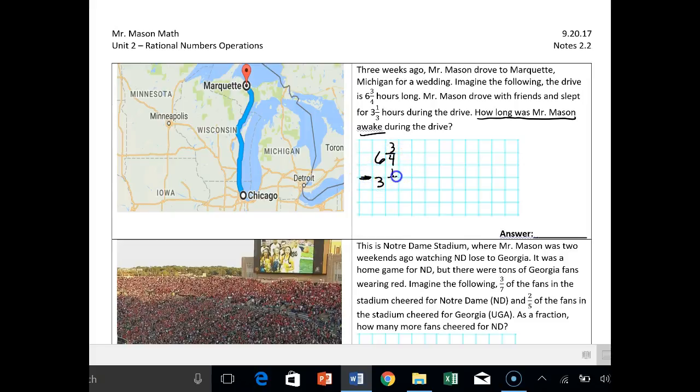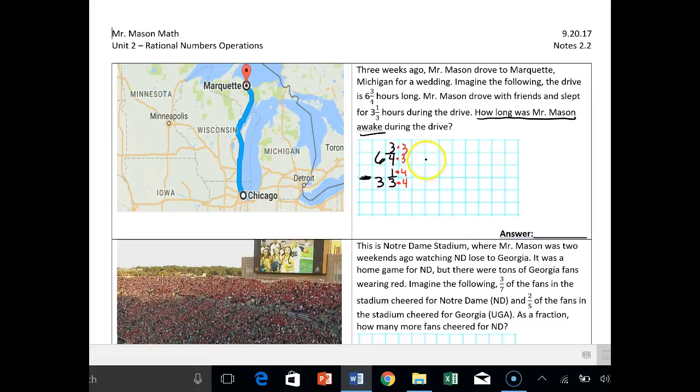All right, so obviously we cannot do this problem just yet because we have unlike denominators. If you put your finger on the 3, your finger on the 4 on your reference sheet and go across, you'll see that their least common multiple is 12. So times 4 on top and bottom here, times 3 on top and bottom here.